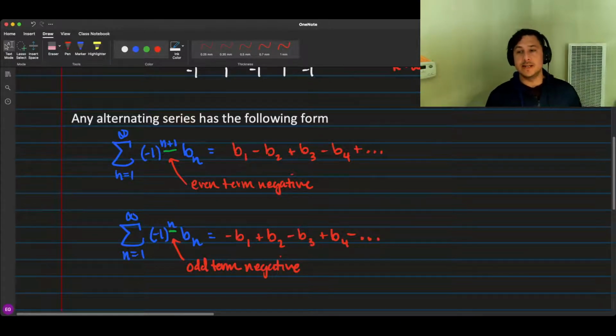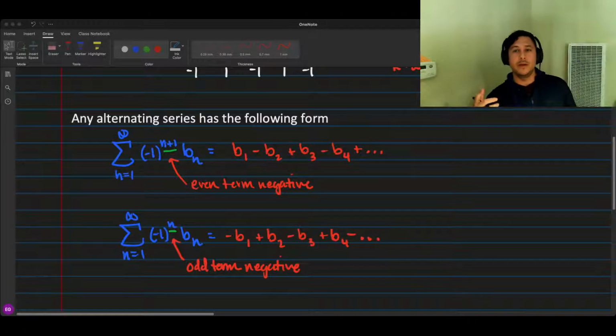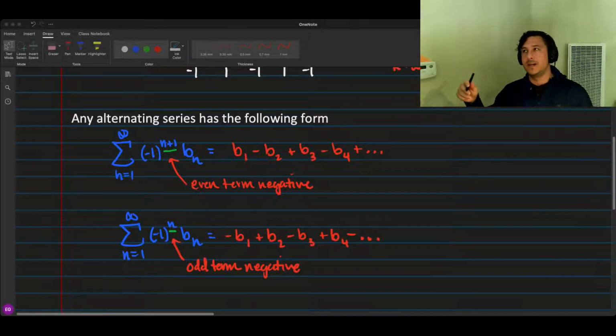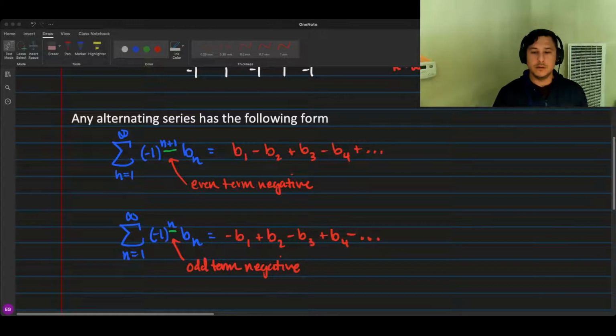Is that making sense, that you can change the power there to determine the order in which it flip-flops? Whether it starts negative and goes positive, or whether it starts positive and then goes negative.